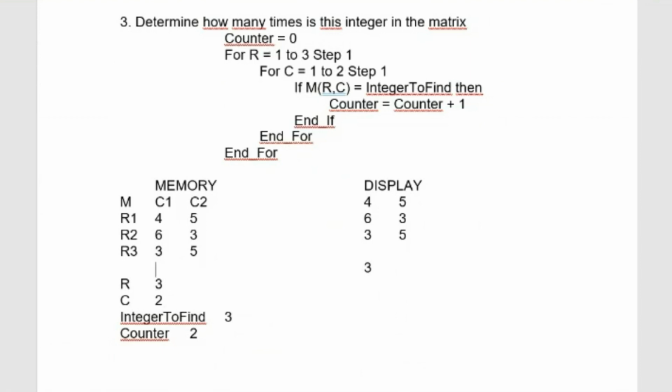Ask if matrix M, row 3, column 2 is equal to integer to find, 5 equal to 3, that is false. So this is the end of the third step because the top for R was 3 and the top for C is 2.